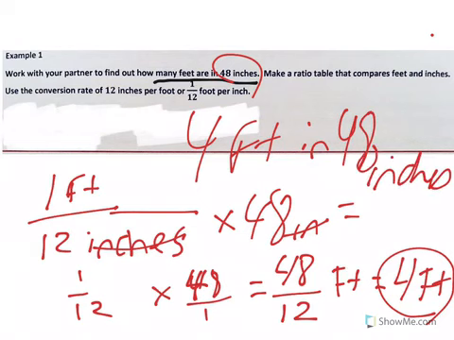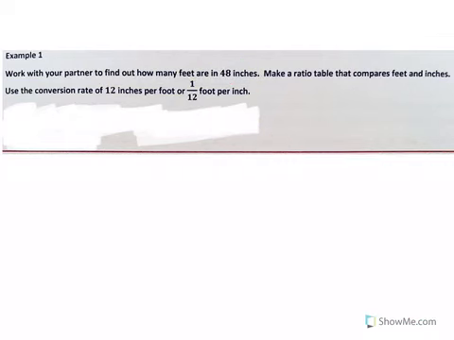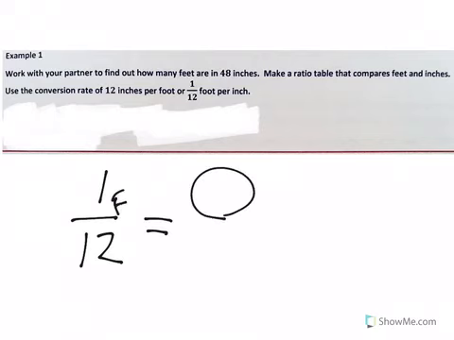Okay, I'll show you a little bit faster, simpler way of doing that. If that works for you, use it, do it. Okay, I'm going to show you a different way. This is kind of how I look at it. We want to know how many feet are in 48 inches. I know 1 foot is 12 inches. I'm trying to find out how many feet. I'm going to go ahead and label that just to keep it clear.